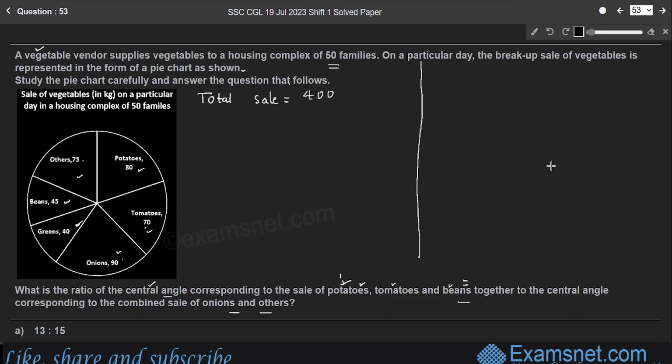So the central angle corresponding to the vegetables.